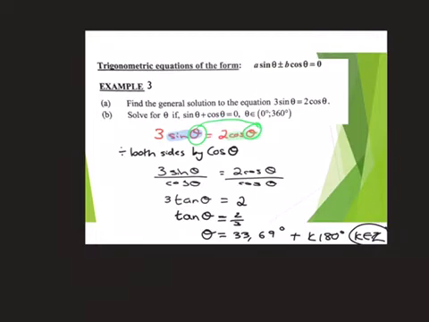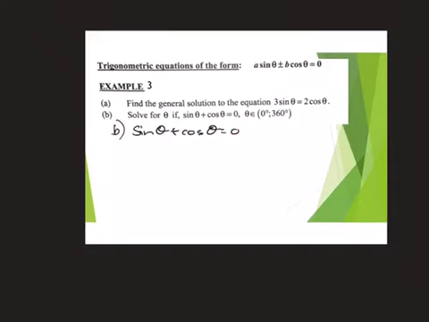All right, then the next one is a new question, so example 3b is a completely new question. It says sine theta plus cos theta equals 0, and we're supposed to solve for theta. Now, whenever you get something that says solve, you always do the general solution in trig.